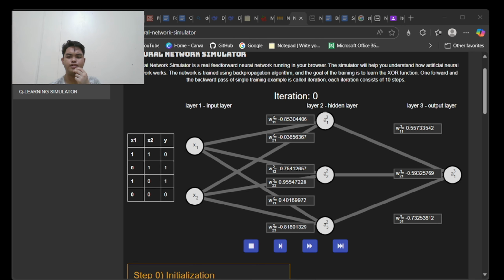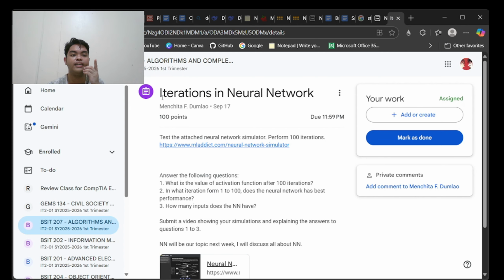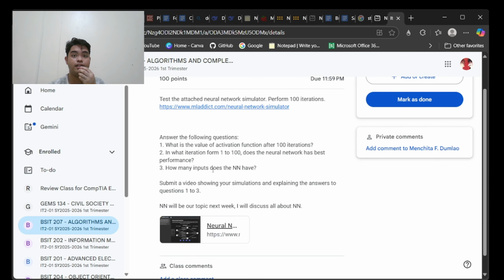Today I'm demonstrating the neural network that I'm simulating to complete our assignment on neural networks. But before I tackle that, I will see what my assignment is or what the objectives are. Let's see. Iterations in neural network. So we have three questions or three objectives to find out.